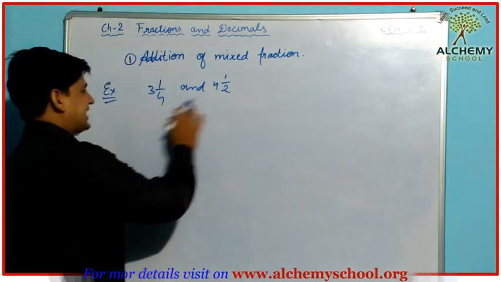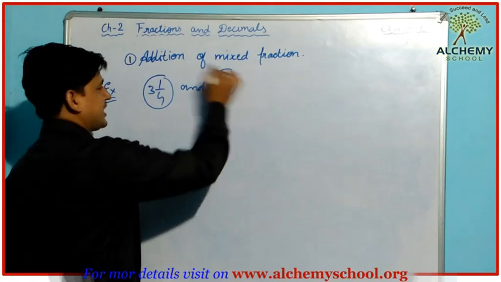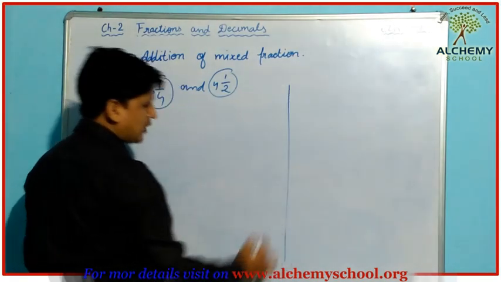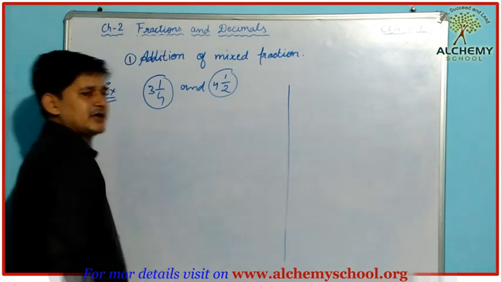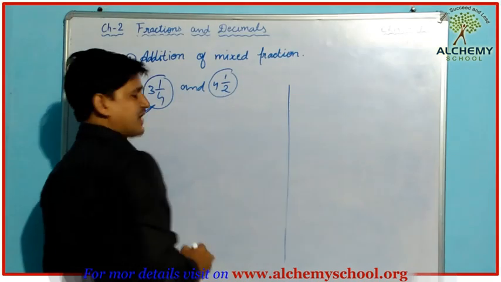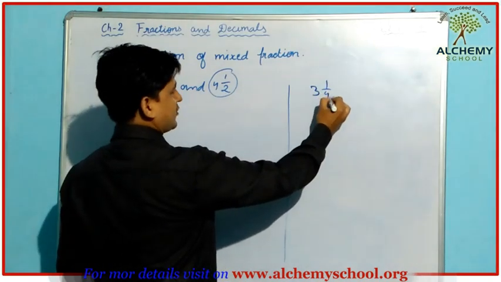Before adding these fractions, we have to change them into improper fractions first. How can we change a mixed fraction into an improper fraction? Suppose I change 3 1 upon 4.